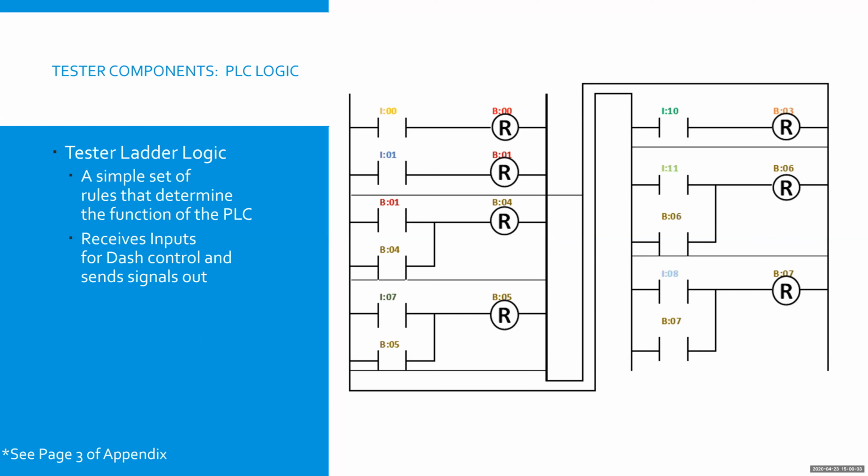The ladder logic, again, if you look at page 3 of the appendix, has all the notes on which is going where, and the associated pins and inputs they are on the dash control and on the tester.